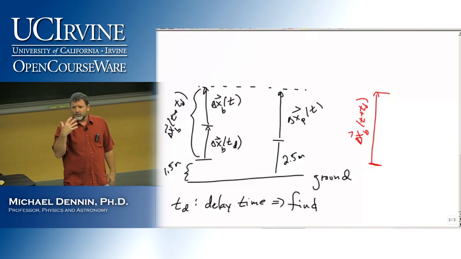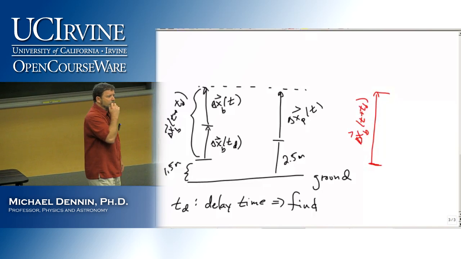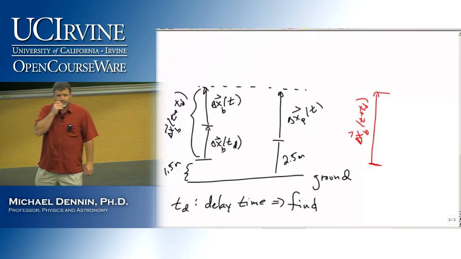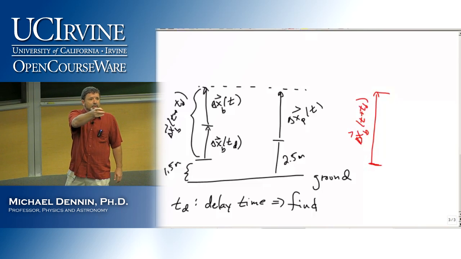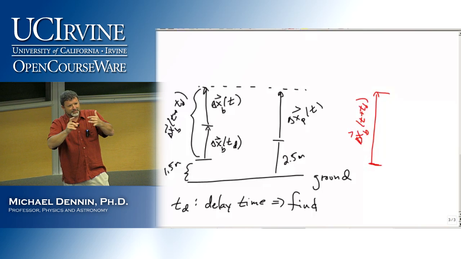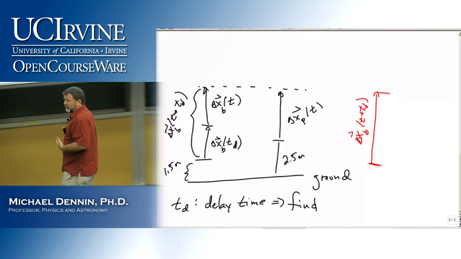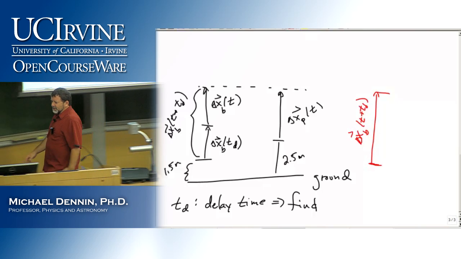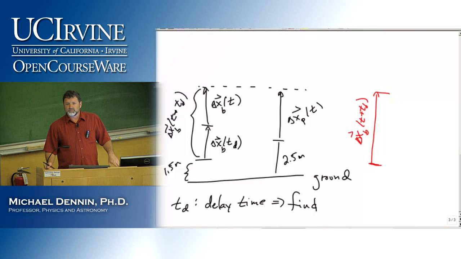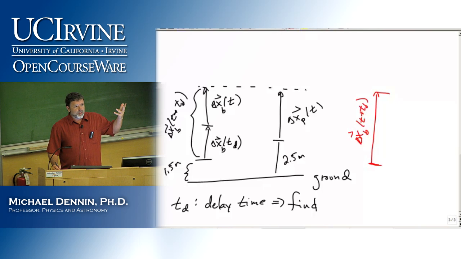What equation would I use to try and understand the total displacement of the ball? Someone's whispering it up there. I heard a whisper from over here. I have v naught t plus 1/2 at squared. Which direction is v naught? Which way is the ball thrown? Up. And which direction is 1/2 at squared? Down.